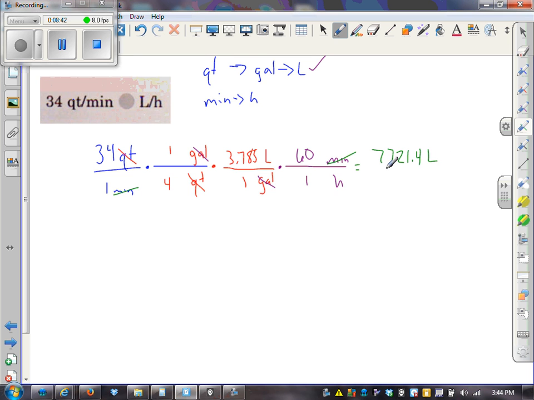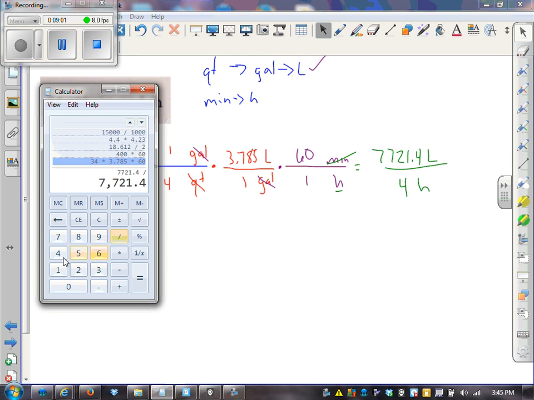Just liters. Over 1 times 4 times 1 times 1 is 4, and then what's left on bottom? Just hours. Now again, they don't want to know how many liters per 4 hours. They want to know how many liters per hour. That's just 1 hour. So I'm going to divide this by 4.